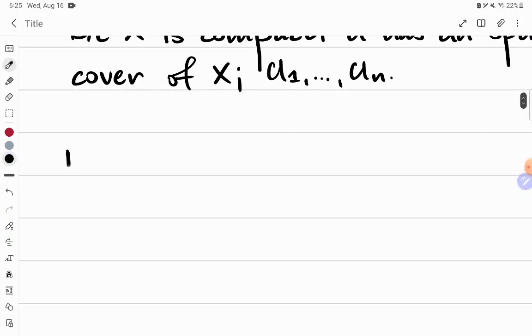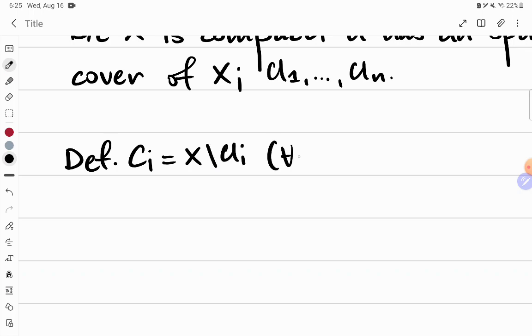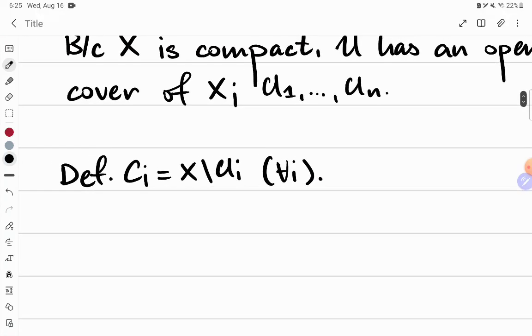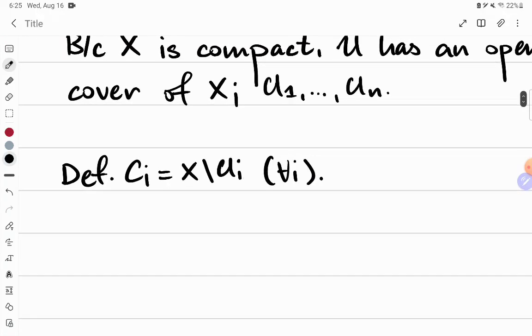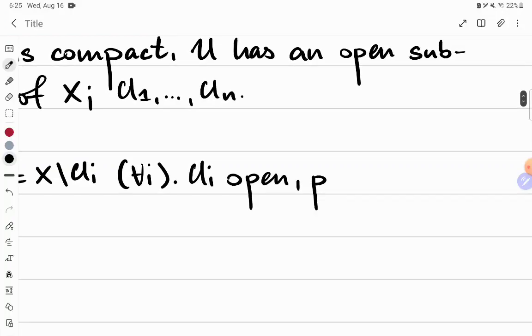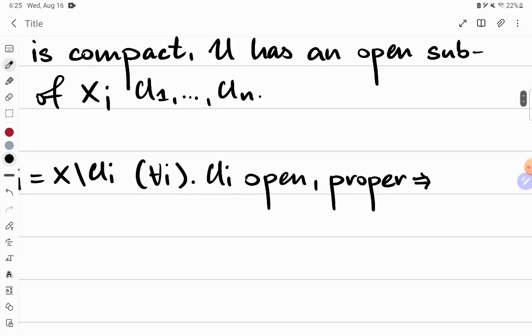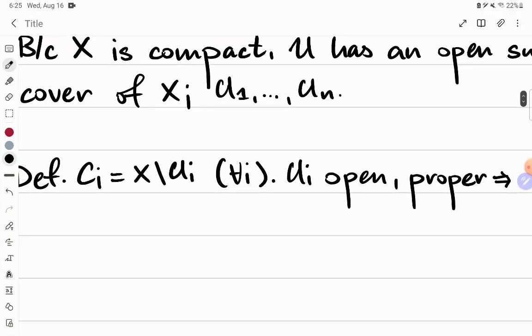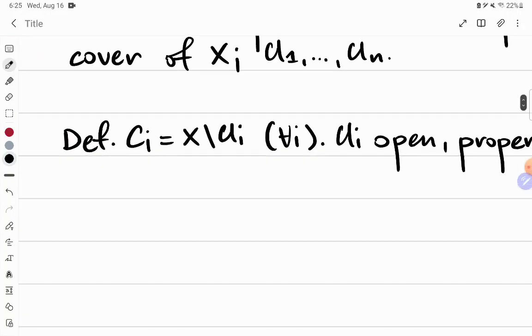Now let's define C sub i to be the set complement of these Ui in X. Right, because these Ui are proper and open, their complements are going to be non-empty, and because the Ui are open, their complements are also going to be closed.